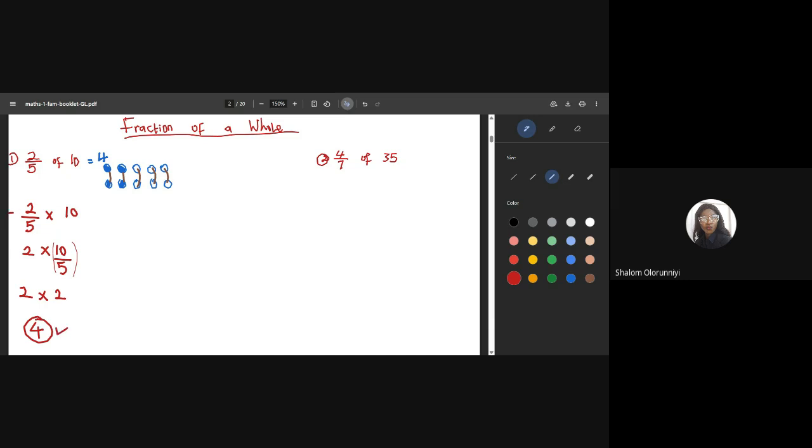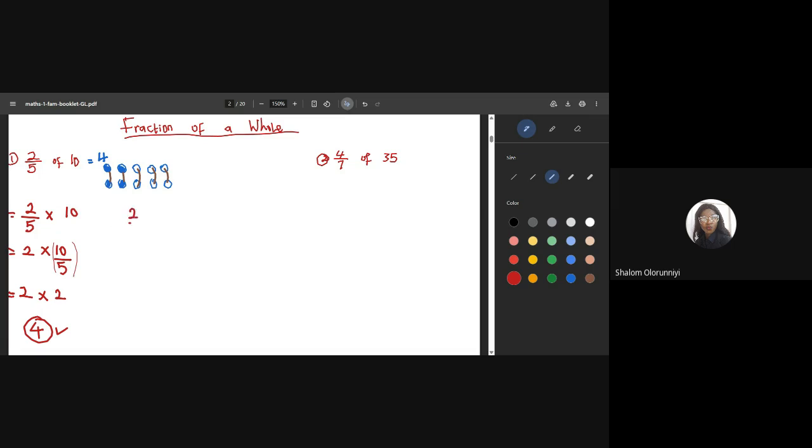Yay, that's how we got our final answer. All right, that's the first method. So what we did was to swap. I just swapped the denominator and I changed it over here and then I divided it and then I got my final answer. Let me try the next method, which is whole multiplication.